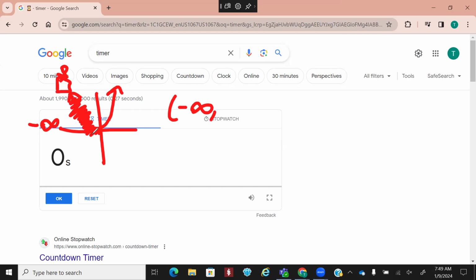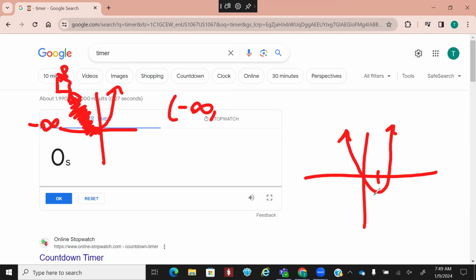Not the Y values, look at the X. It stops at 1, right? It stops at 1 because we're looking at the X, and it started at negative infinity. So we went from negative infinity to 1. That's where we decreased.